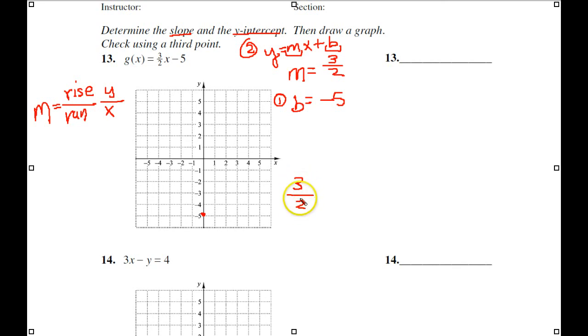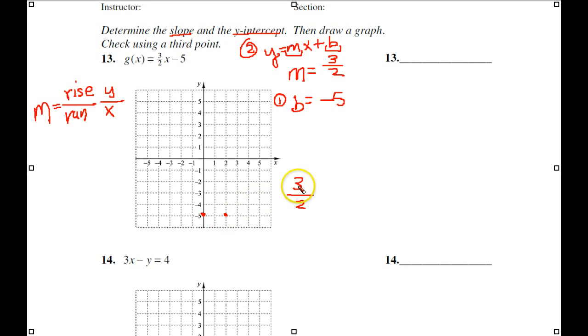Now since it's positive, the way I like to do this is I will plot my x units, and I mentally make a little right triangle. I'm going to go over 2 units right there. And now that's my run, positive run from the y-intercept.